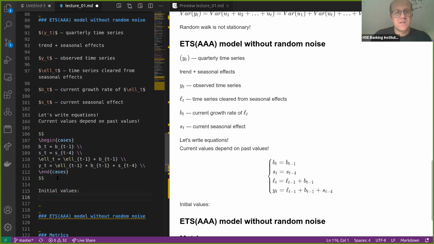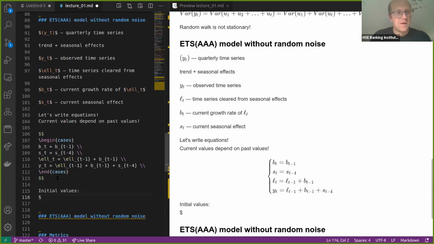Let's say that B0 is 2. Let's say L0 is 100. Let's say that S0 is 3.